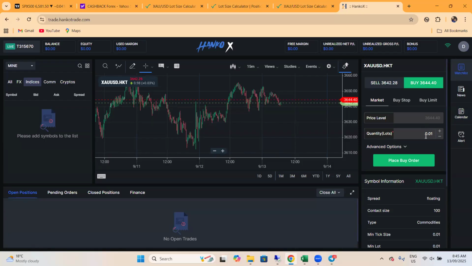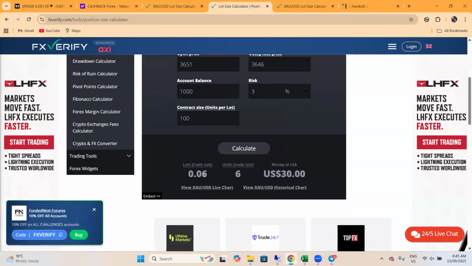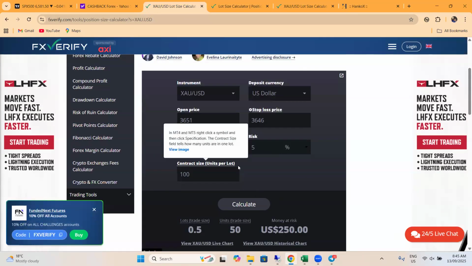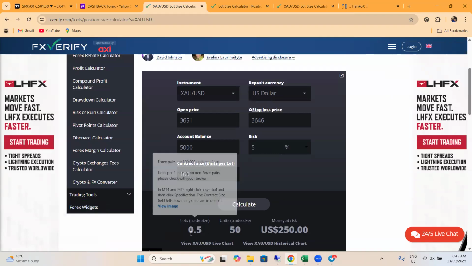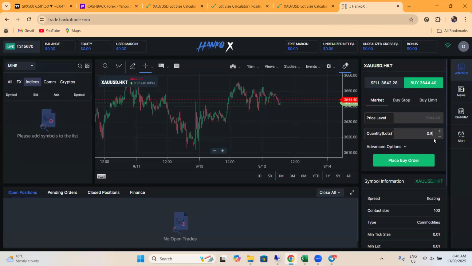Here's 0.01, so you would put in 0.5, depending on what it gets calculated at. This here is 0.06, so different account sizes. There it is, 0.5. So you just put that in.